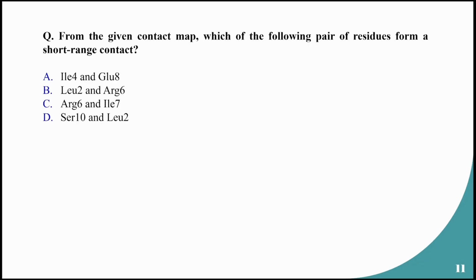So the contact means they should have some sort of connection. For example, they could have hydrogen bonding between them, a salt bridge interaction, or hydrophobic interaction, and so on, right? Different types of bonding or non-covalent interactions could be present. But generally, from a distance standpoint, below a certain threshold, if two residues in a 3D space are present, then they are forming a contact.